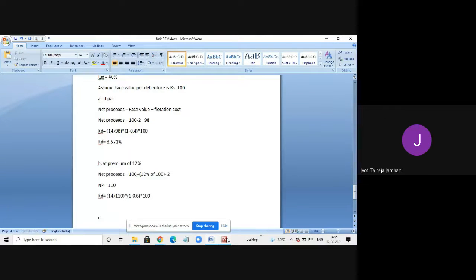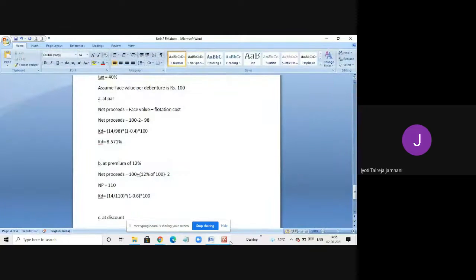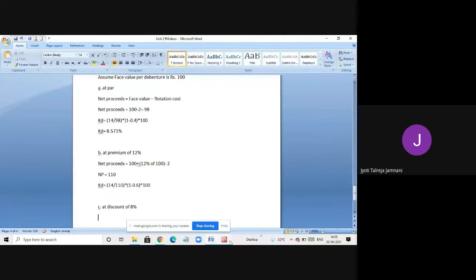Then C, at discount. Just find the answer for above. At discount of 8%, net proceeds will be 100 minus 8% of 100 minus 2.